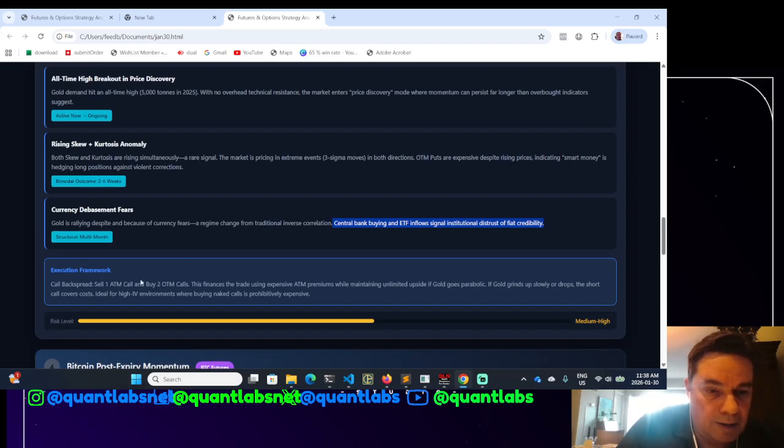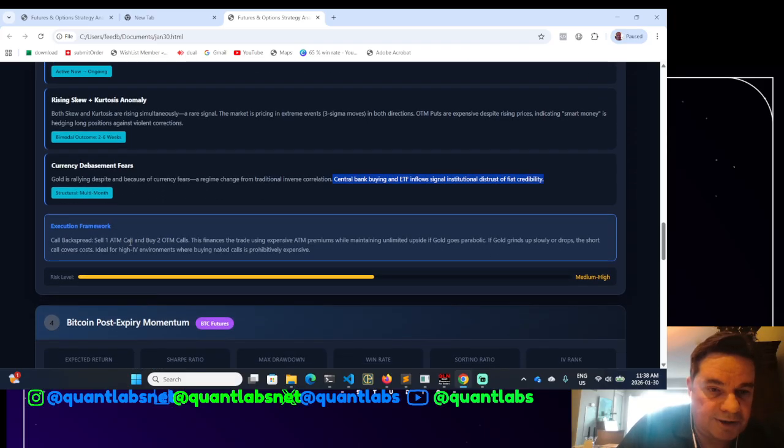Okay, so the execution framework: buy one ATM call, or sell one ATM call and buy two OTM calls. And we can see here the logic: it finances the trade using expensive ATM premium while maintaining unlimited upside. Again, the big benefit of options trading in the futures market: unlimited upside.